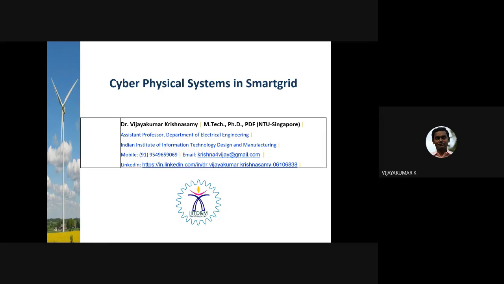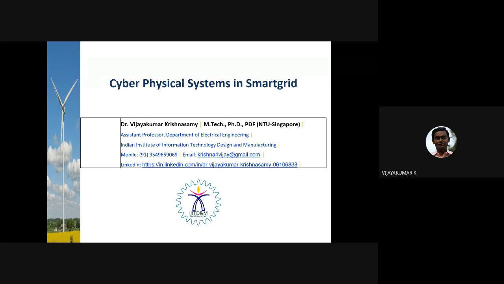What a cyber physical system means is, once you integrate sensors, communication protocols, and some computational tools, your system becomes smarter. We are integrating these communication devices into it. In communication, we have wired and wireless communications, with different protocols.